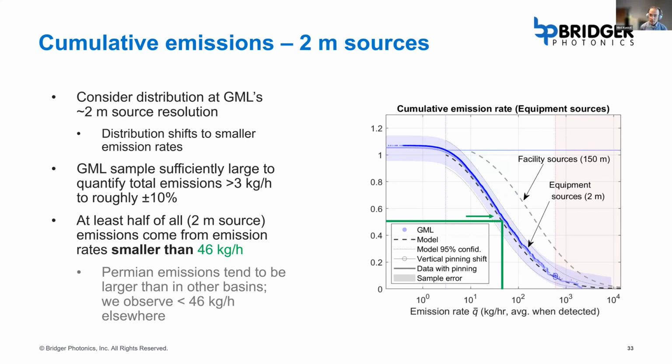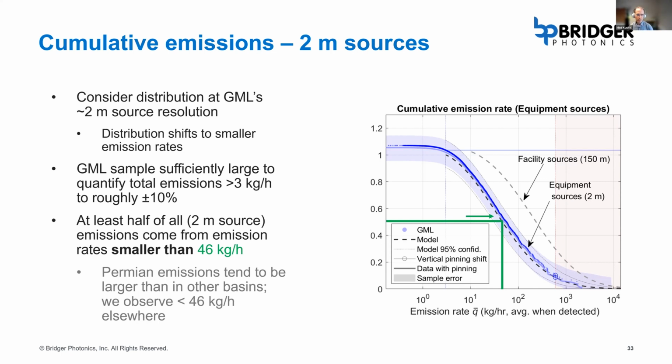Right. So all of that was for 150 meter sources. And now we'd like to relax that spatial aggregation and just look at the distribution for 2 meter sources. As you'd expect, because emission rates are smaller, the center of mass of this distribution shifts to smaller rates. And you can see that by comparing the 2 model functions for facility sources and equipment sources shown in the plot.